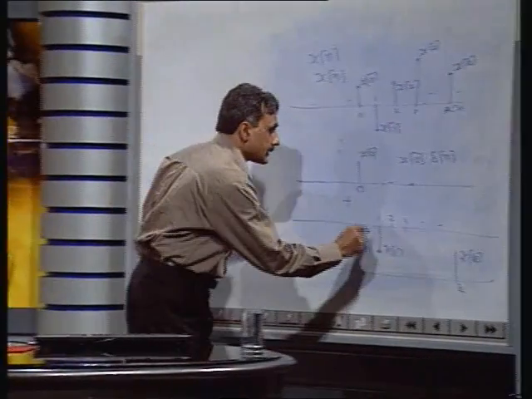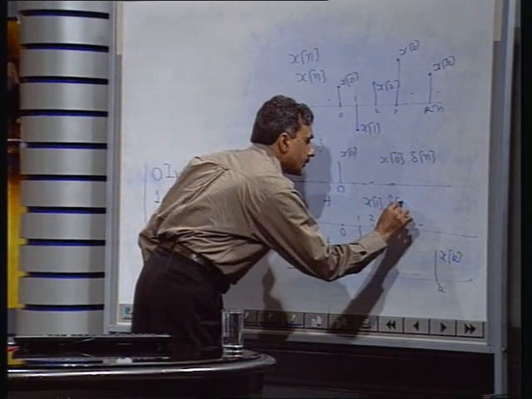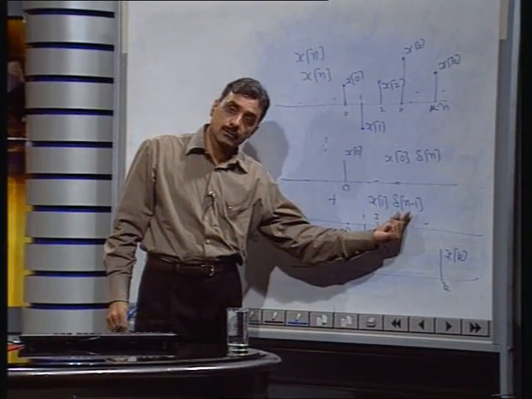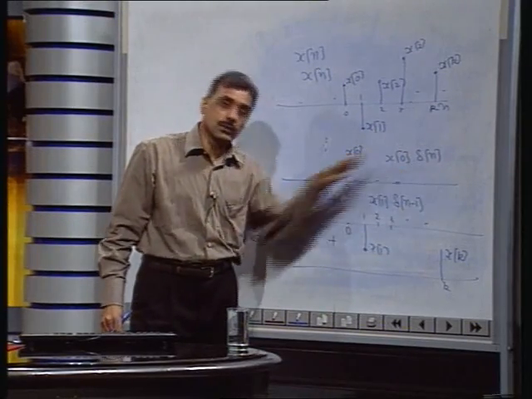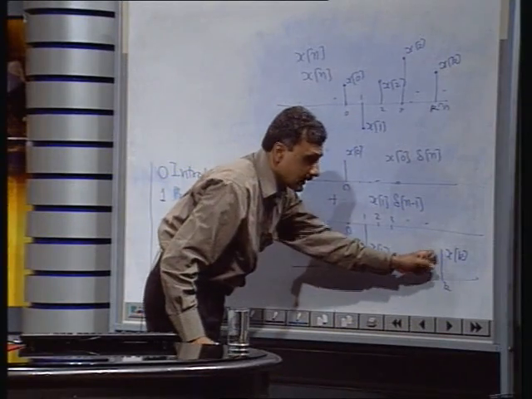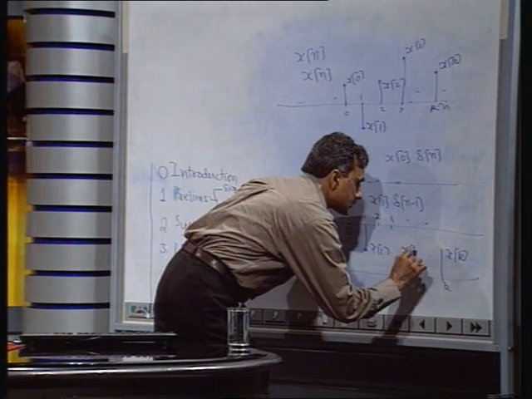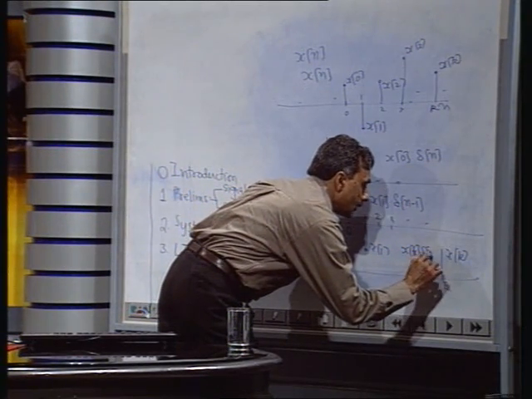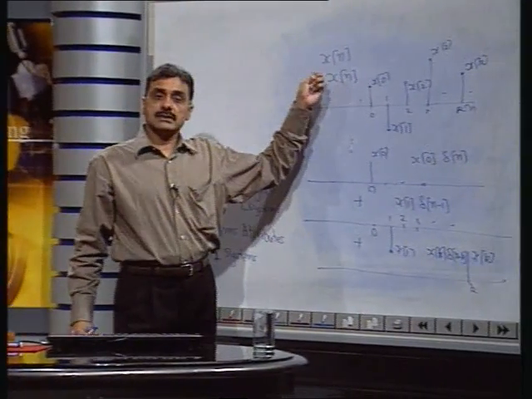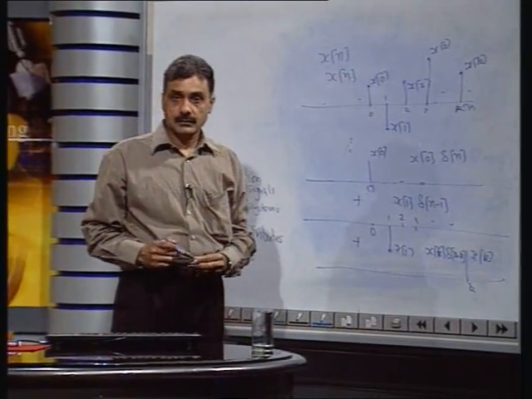So I should be able to write this in terms of delta function as x1 multiplied by delta n minus 1. Only when n is equal to 1, this will have a non-zero value equal to x of 1 and 0 otherwise. Let us say this signal xk sitting at k can be written as xk delta n minus k. So I can write my signal x of n as the sum of all these signals.